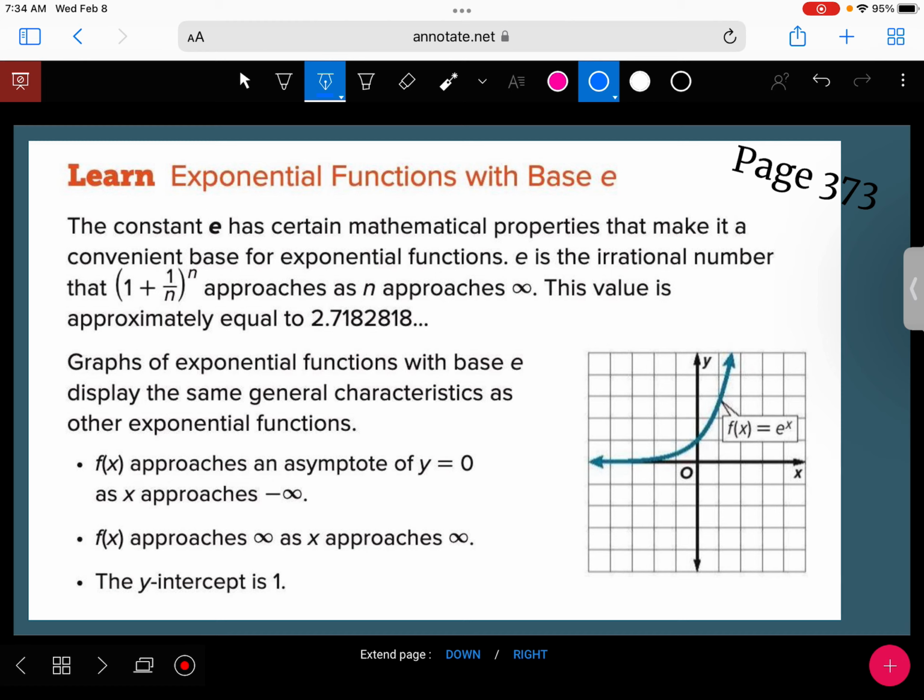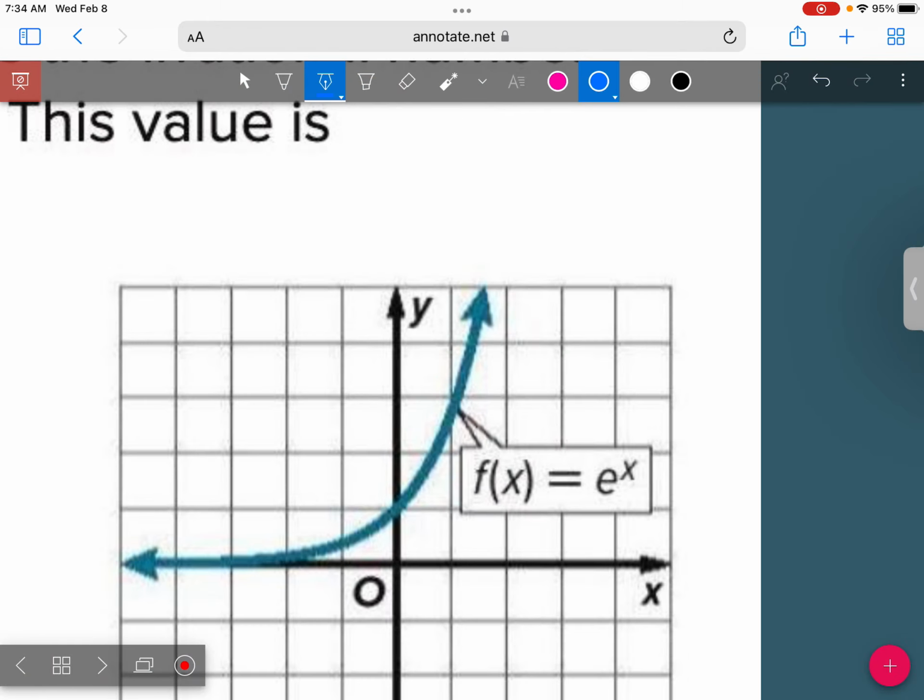And then as f of x approaches infinity, x approaches infinity, which means x goes this way. So this is f of x. X will continue to go that way. Does that make sense?